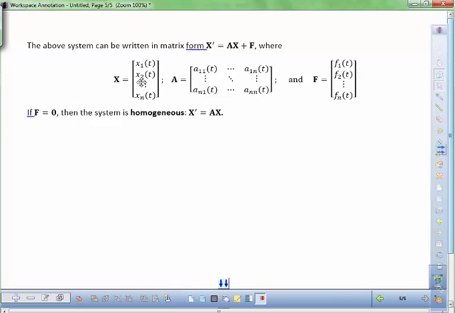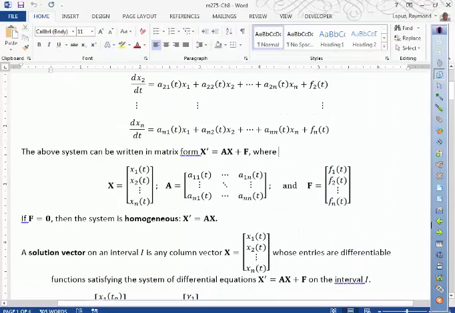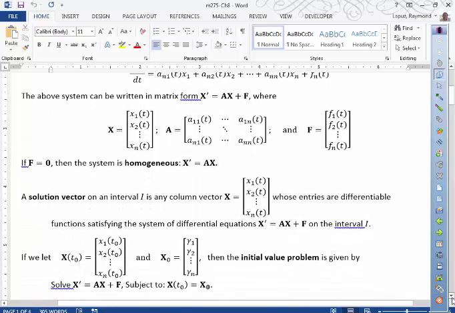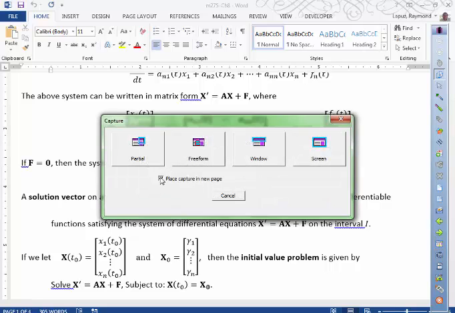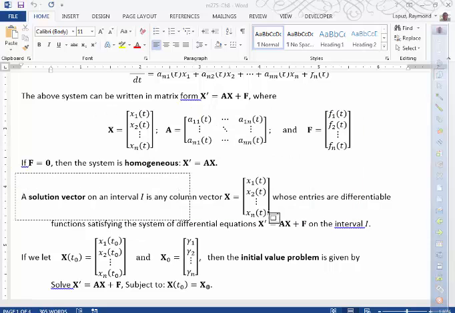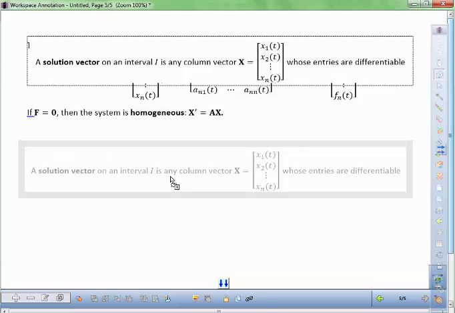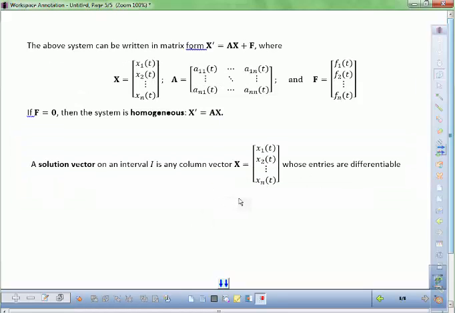This ends up being your solution matrix or solution vector, I guess I could call it a matrix or a vector, is equal to A times x plus f for some matrix of functions. And then the solution is going to be given by this vector.